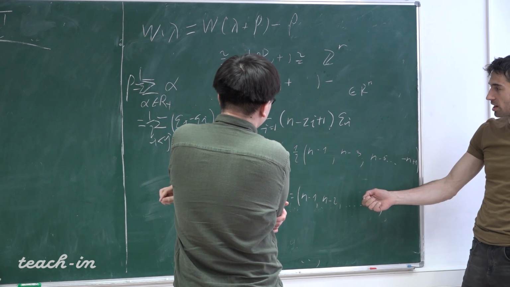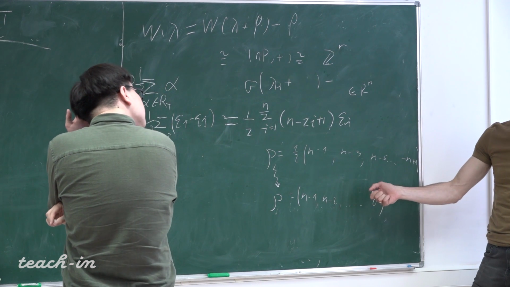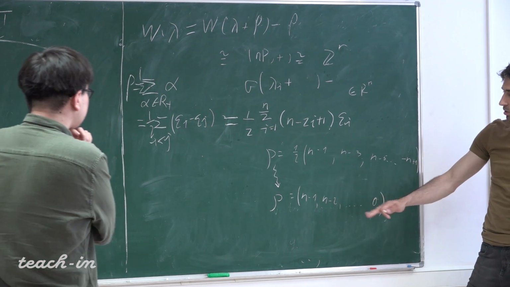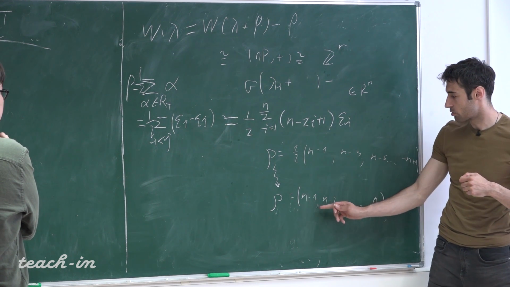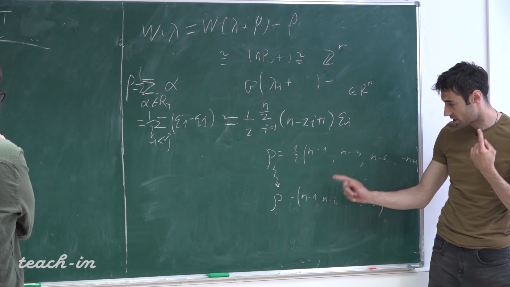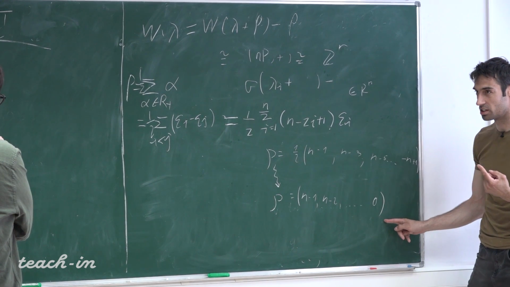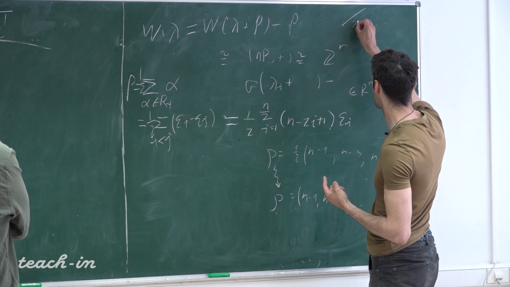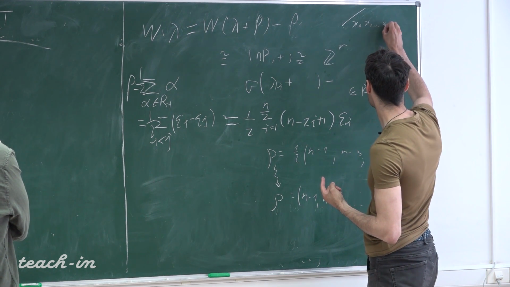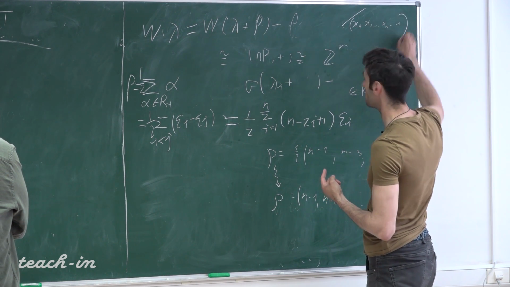Every vector that appears, every weight that appears, you have the freedom to change by subtracting or adding the same number to each of the entries, because of this relation that you quotient by x1, x2, ..., xn minus 1.